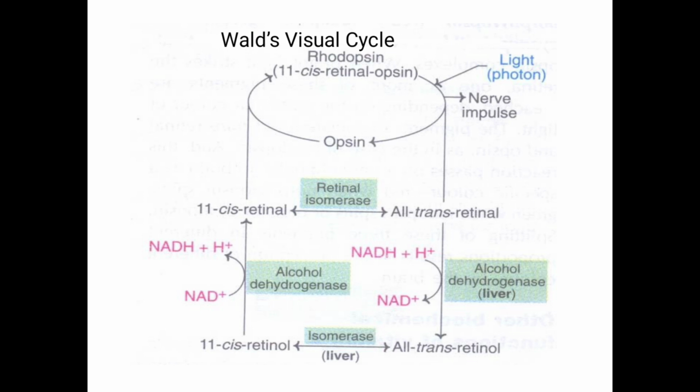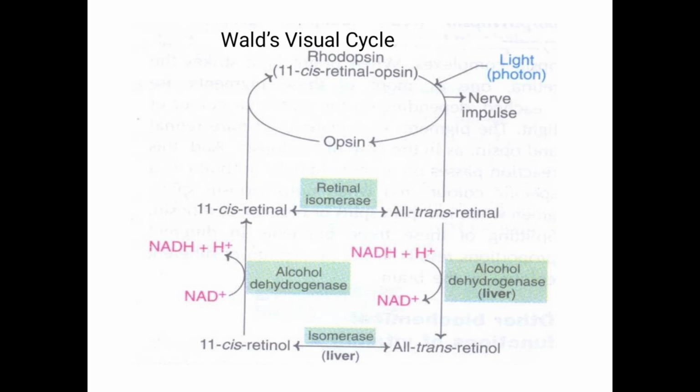Also, in the liver, what happens? Conversion of all-trans retinal to 11-cis retinal is actually incomplete, as you can see in the middle one.